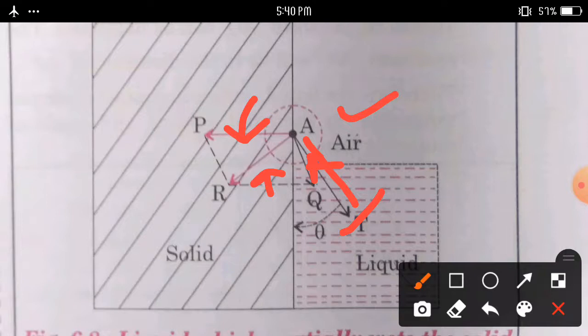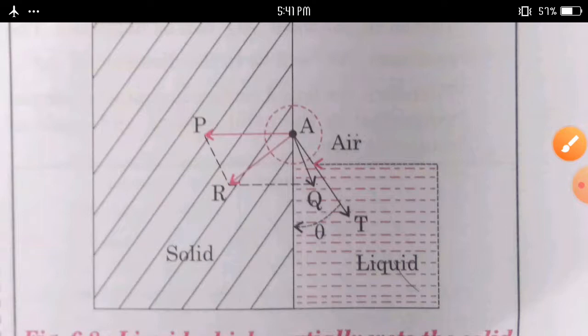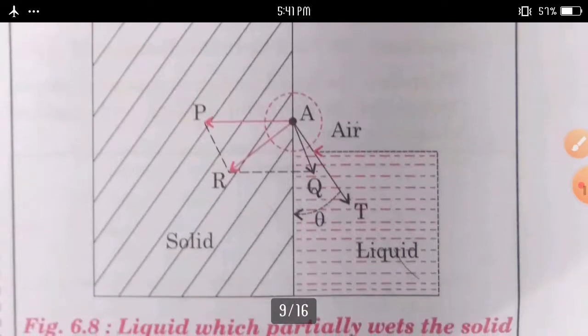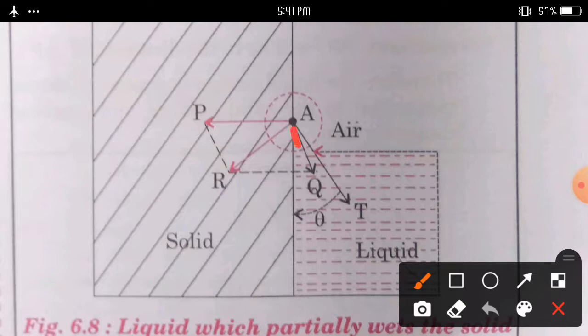Therefore, liquid molecule A moves upward and the liquid surface becomes concave, forming an acute angle of contact. This is the first case.